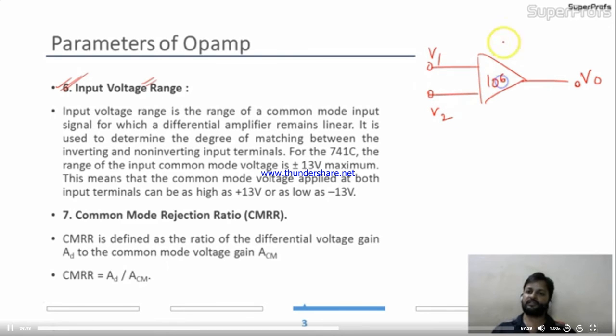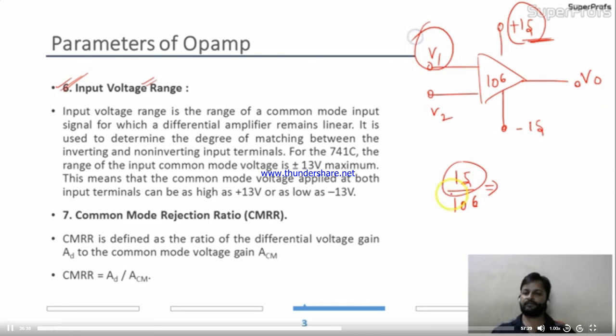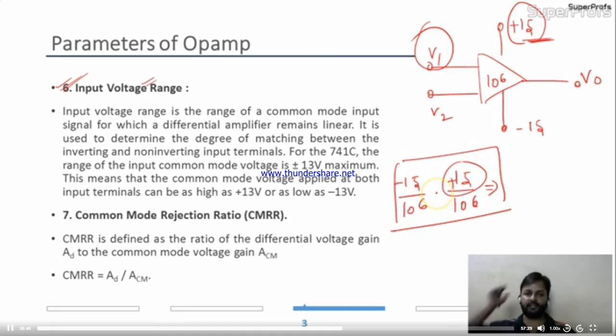The gain of this is 10 to the power 6. This is the working voltage you are giving to it, so your output can't go beyond this 15. So 15 divided by 10 to the power 6 is the minimum voltage you can apply over here. So minus 15 over 10 to the power 6 to plus 15 over 10 to the power 6. This is your input range.